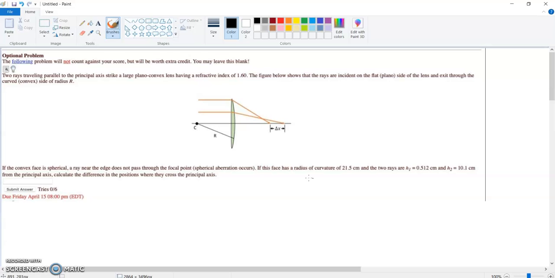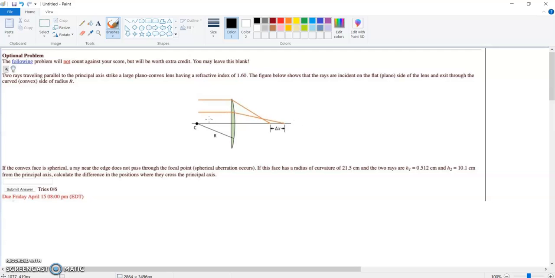If this face has a radius of curvature of 21.5, which is given here, and the two rays are h1 of 0.512 and h2 of 10.1 from the principal axis.